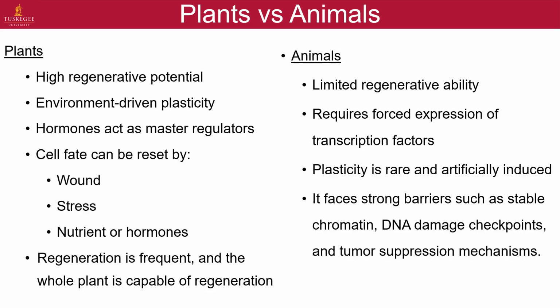Cell fate in cellular plasticity in plants is mainly influenced by wounding, which is injuring. Remember I told you when you get the explant, you have to cut it so that you induce a repair signal.